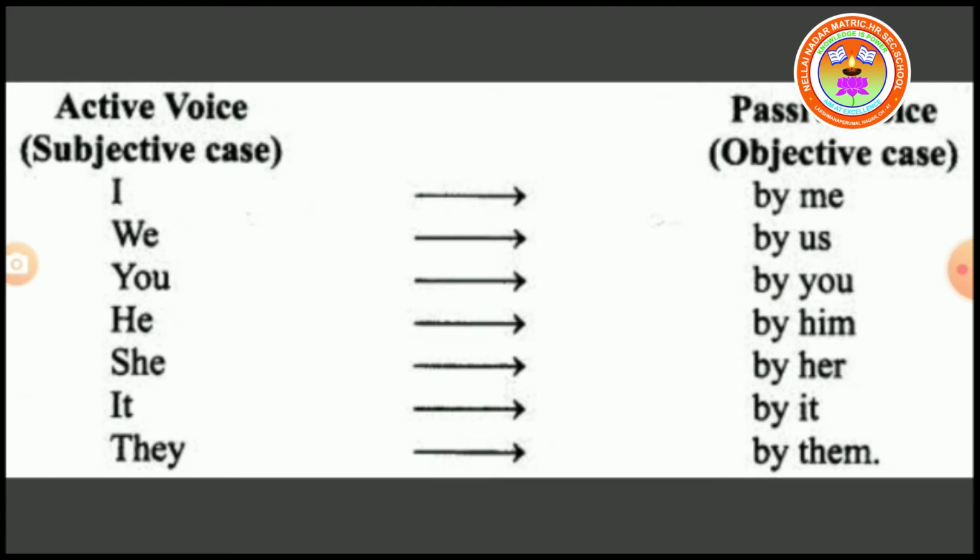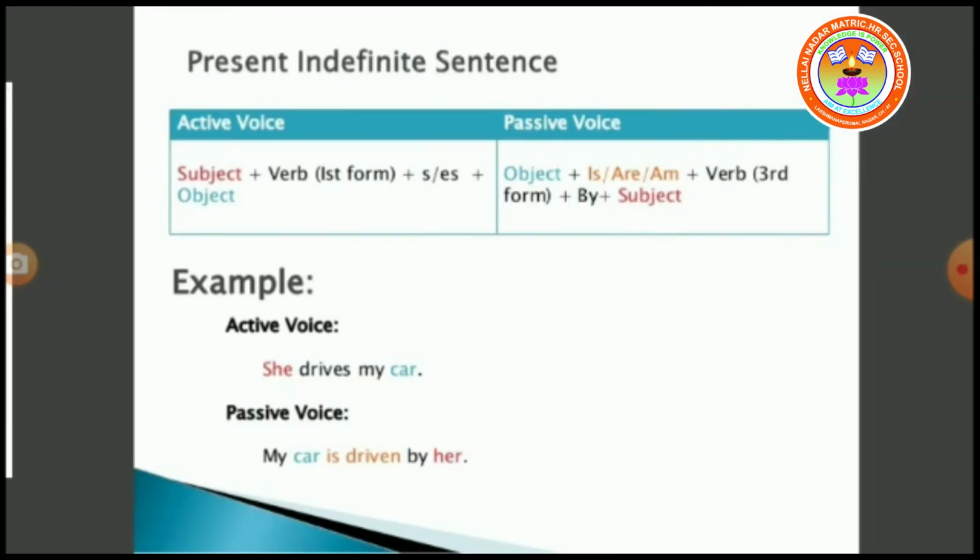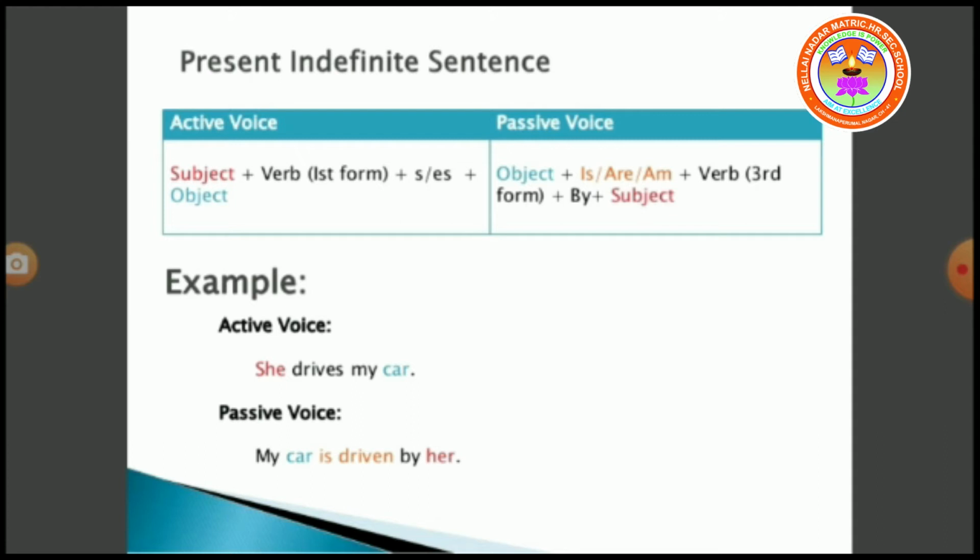Perfect: present perfect, past perfect, and future perfect. There is no passive voice for future continuous tense and present perfect continuous, past perfect continuous, and future perfect continuous. So first let us see simple present tense.